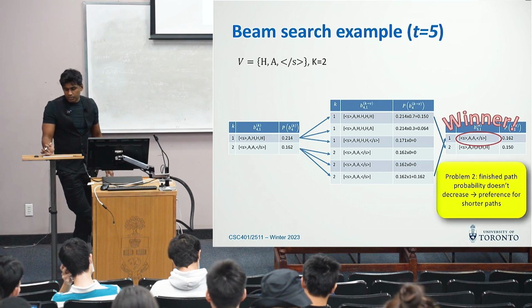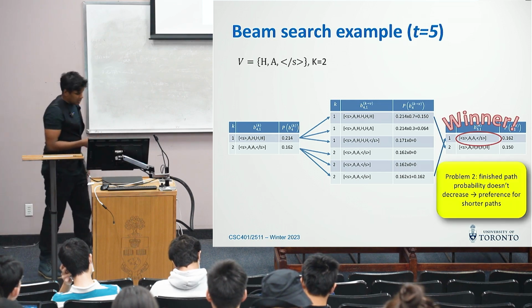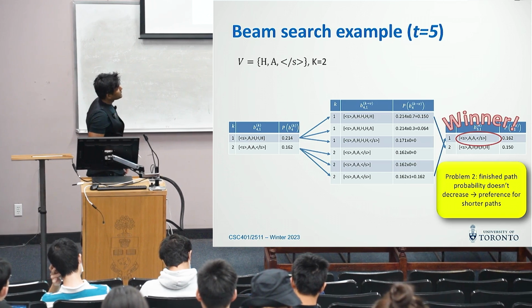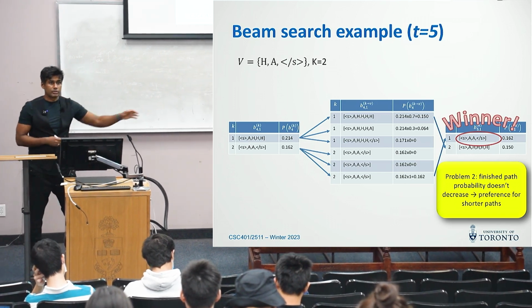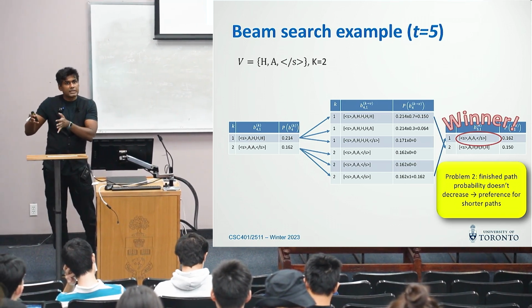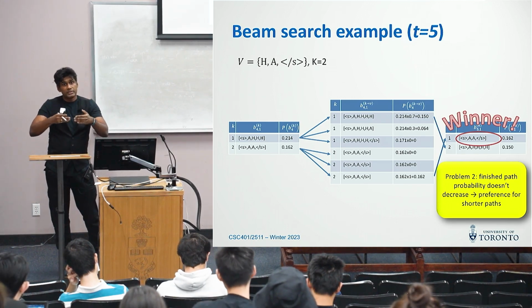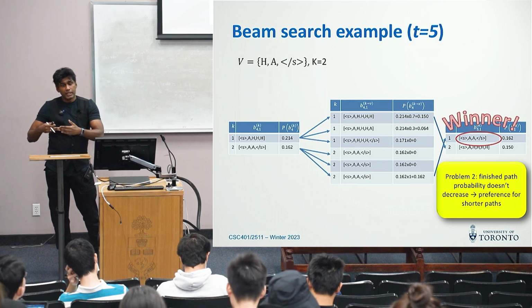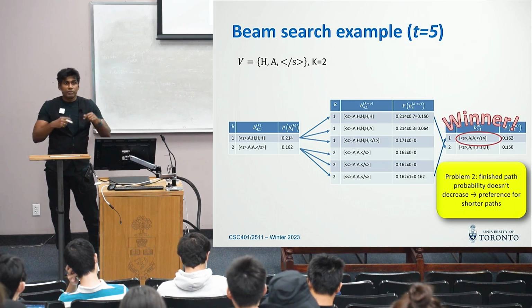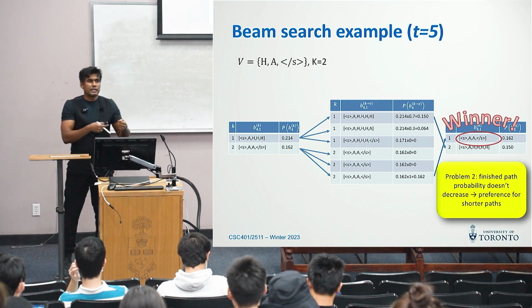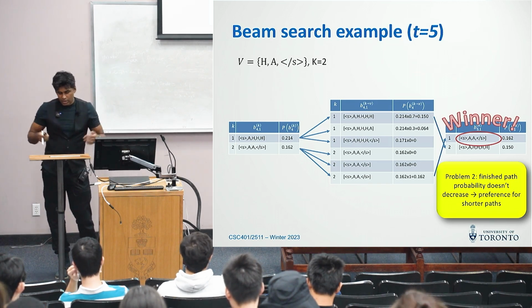But one problem is that longer paths will have their probabilities decreasing. If you go more time steps, you're multiplying by more probabilities, and that's going to decrease the overall probability. So it seems that if you have a shorter most probable path, it has more preference over longer paths.